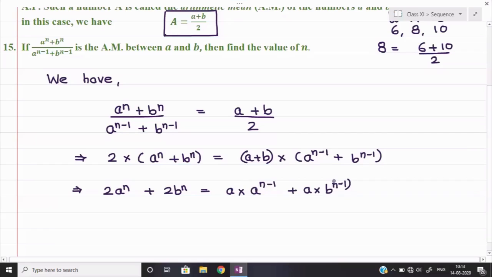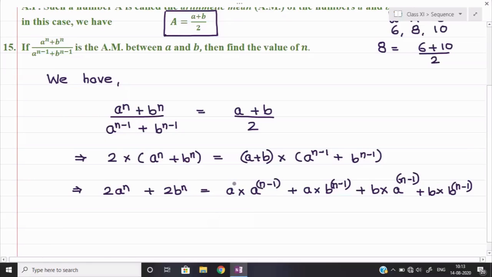In the same way, b will multiply. So b into a to the power n minus 1, okay, and plus b into b to the power n minus 1, right? It will be like this.